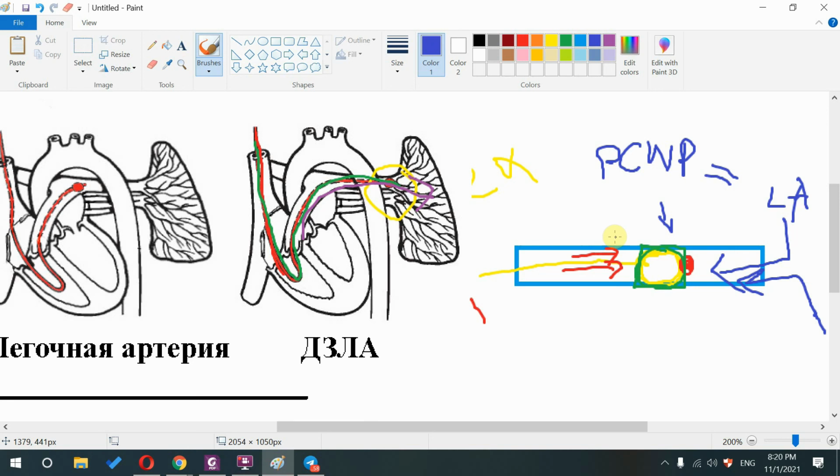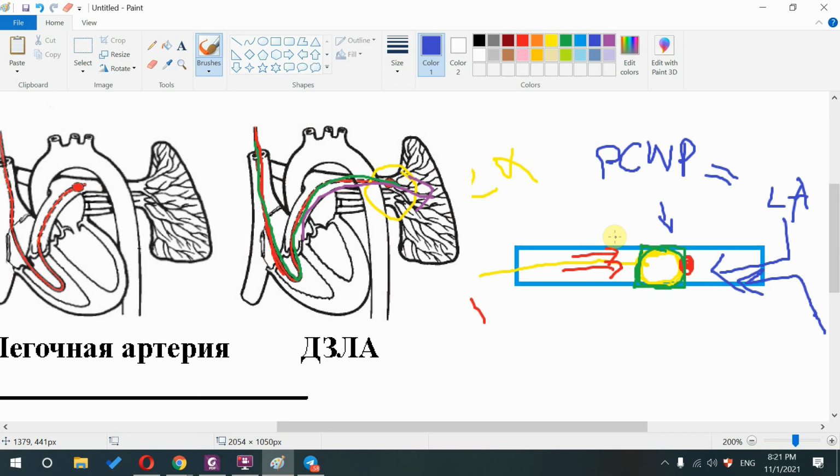Guys, tell me please, in case of aortic stenosis, what will happen to the PCWP? Exactly, it will be increased. What will happen to the PCWP in case of left heart failure?